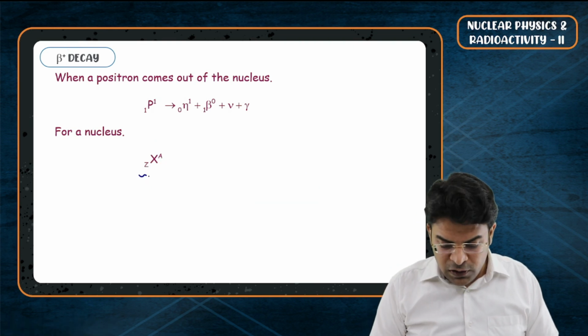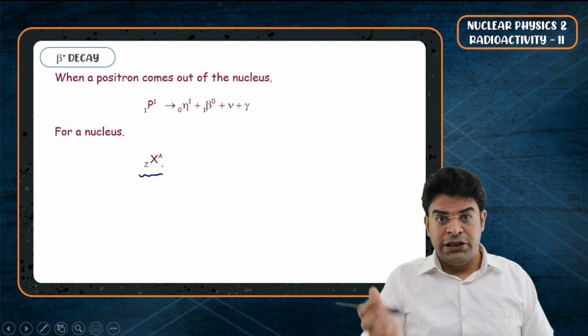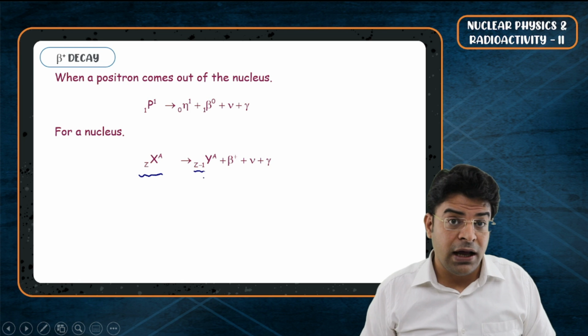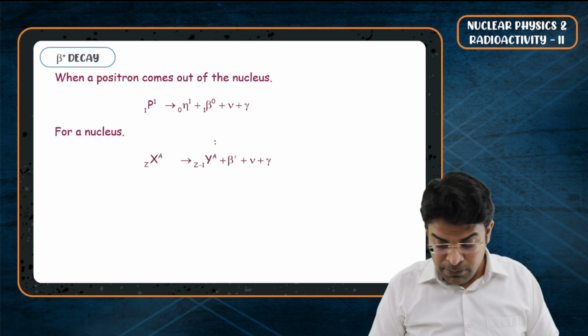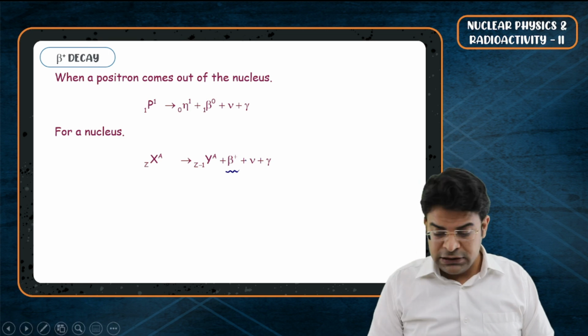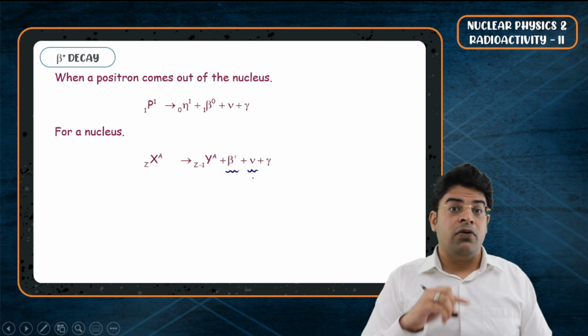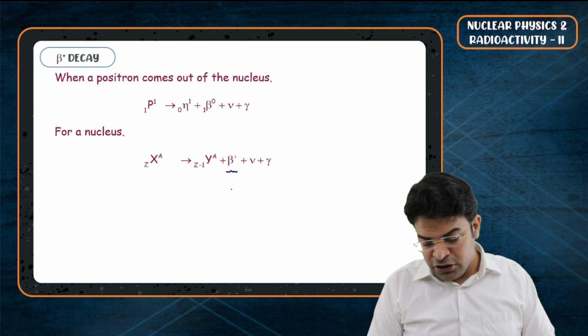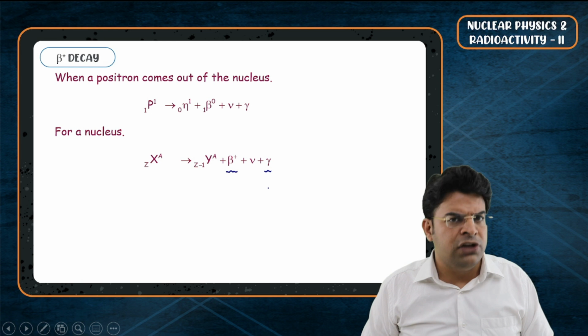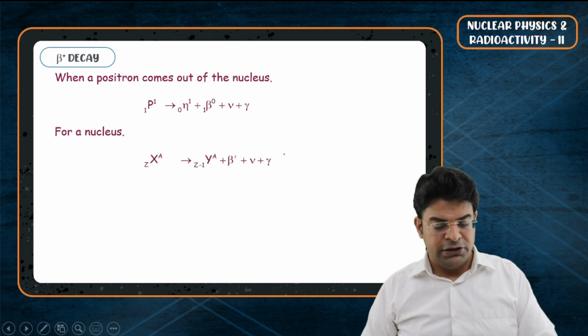So if a nucleus undergoes beta plus decay, the new number of protons will be 1 less. So the atomic number will be Z minus 1. The mass number remains the same. You will get a positron coming out of the nucleus as well as a neutrino coming out of the nucleus. And after the emission of the positron, you will get a highly energetic photon coming out of the nucleus, and that's called gamma rays.